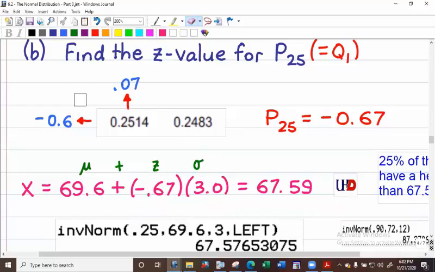So it's negative 0.67. Then you plug it in, of course with the same mean and standard deviation, and you get 67.59. So if a male is 5 feet 7.6 inches, they are at the 25th percentile.